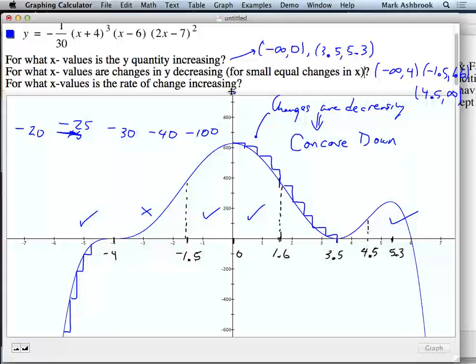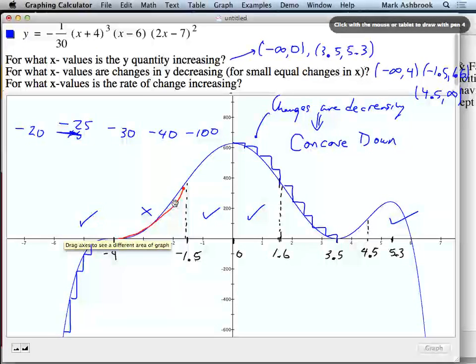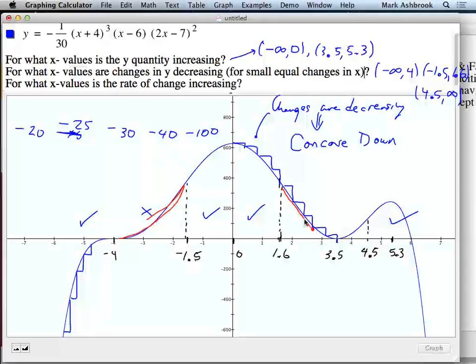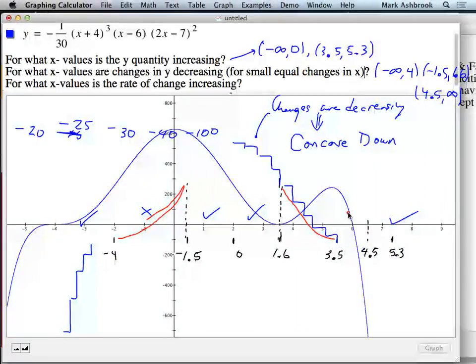You can do it in 2 words. Everywhere else, right? Everywhere else. Okay? So where's that? I'll do it in red. Rate of change increasing, right? Rate of change increasing or decreasing? Increasing.